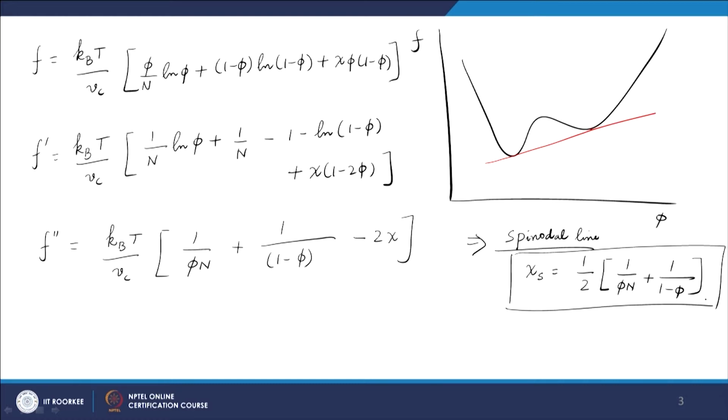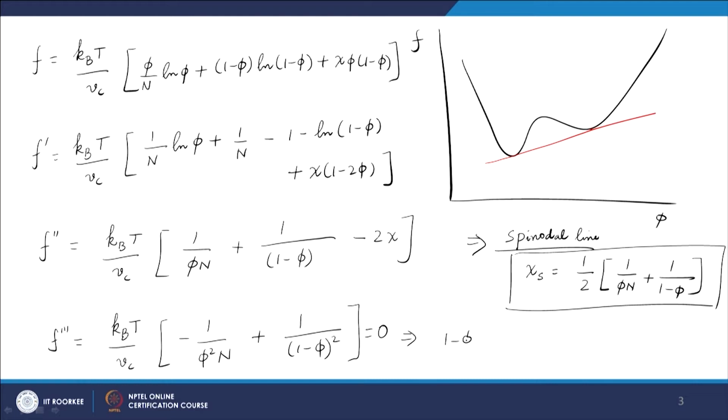Now, for the critical point, I should go to the third derivative. So, this gives me 1 minus phi by phi square is equal to n, which we can solve, and we will have 1 minus phi by phi is equal to root n.